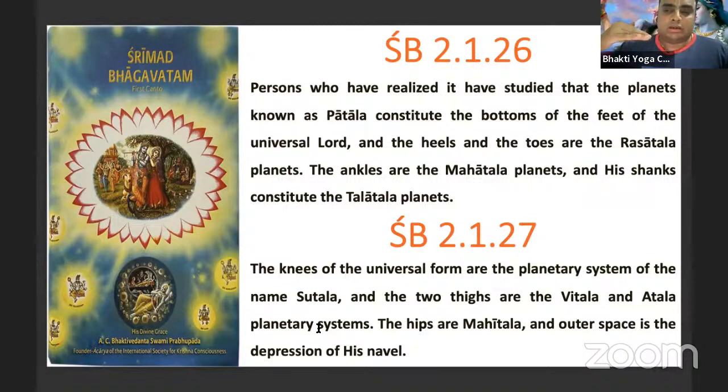When we saw the earlier illustration, we saw Atala below the middle region, below Madhya Loka, then Vitala, Sutala, like that. But here, Shukadev Goswami's description is in reverse. He's starting from Patala upwards to describe the Virat Rupa of the Supreme Lord.